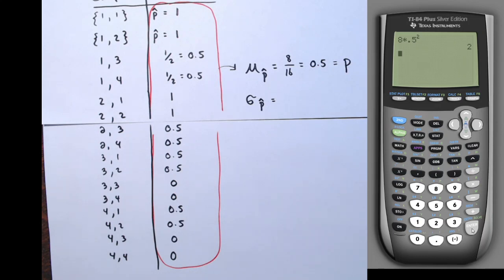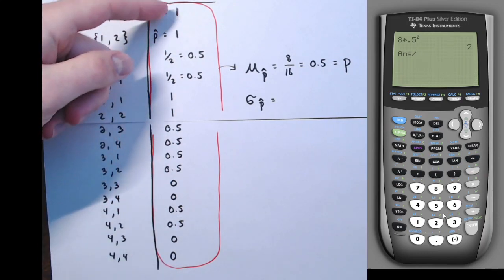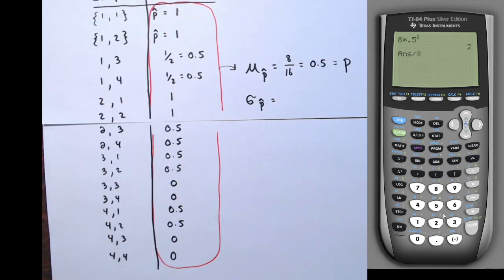And then I would divide this by 16. I divide this by the whole, this is a population here. This is all possible p hats.